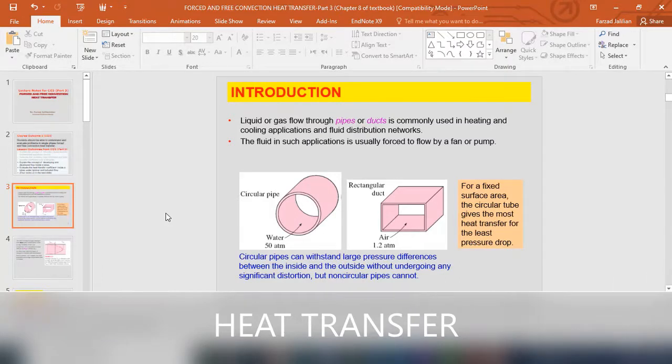What is the pressure drop? When the fluid is going through the pipe, its pressure at the entrance will be different from the pressure at, for example, if it is an open-ended pipe, the end of that pipe. Or even at any distance from the entrance, the pressure will be different, and the pressure will actually be lower because of the frictional force between the fluid and the internal surface of that pipe.